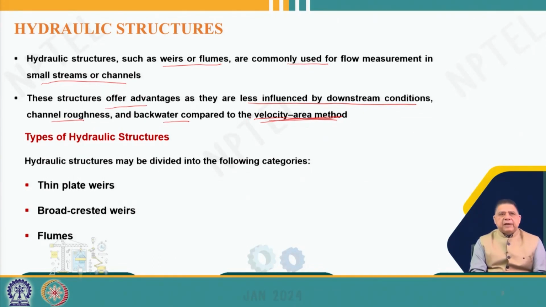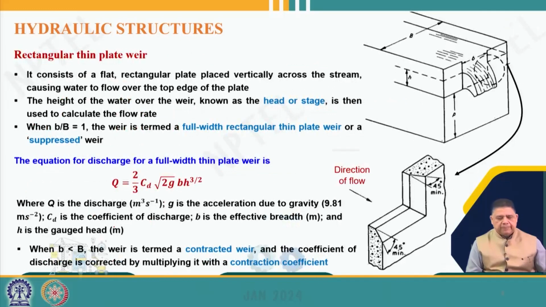Coming to the types of hydraulic structures, they may be divided into 3 categories: thin plate weirs, broad crested weirs and flumes. There are various types in these categories also, and we will discuss each one of them one by one.